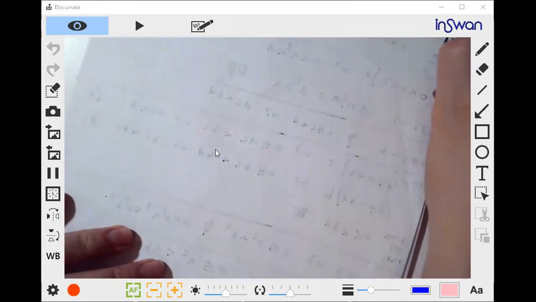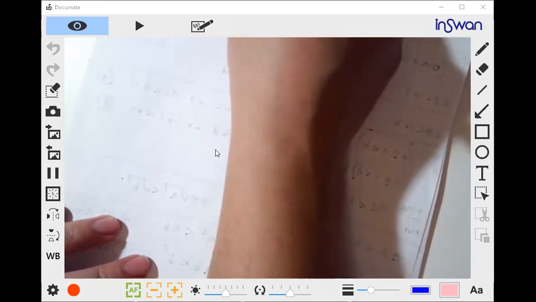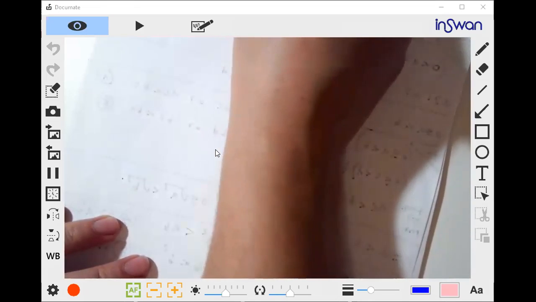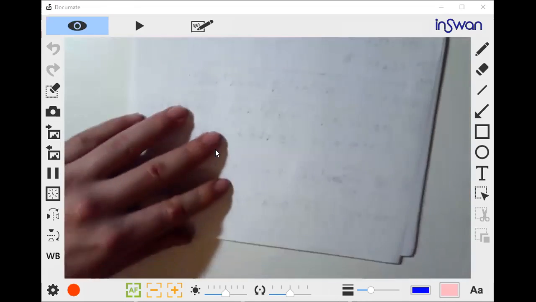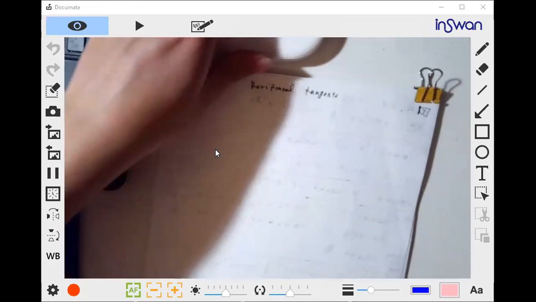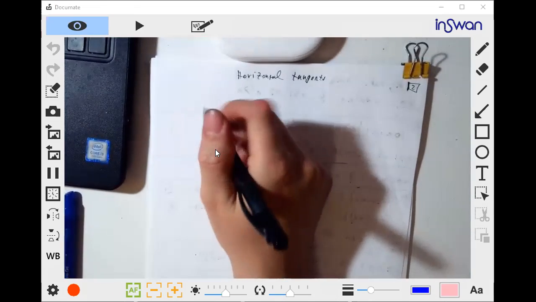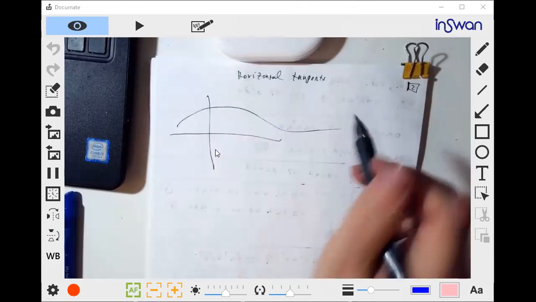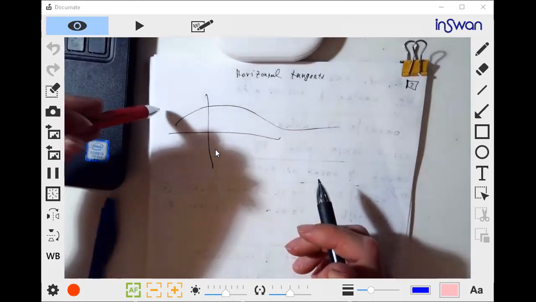Now, let's talk about finding horizontal tangents. So recall we have some function and we have a tangent line.